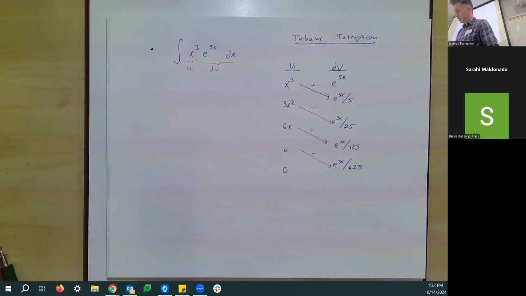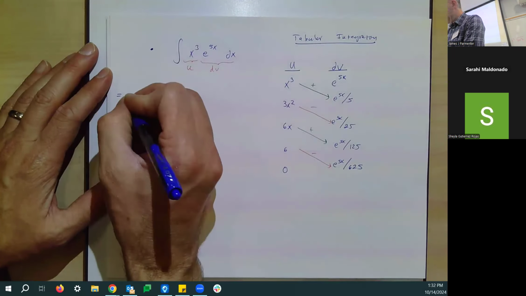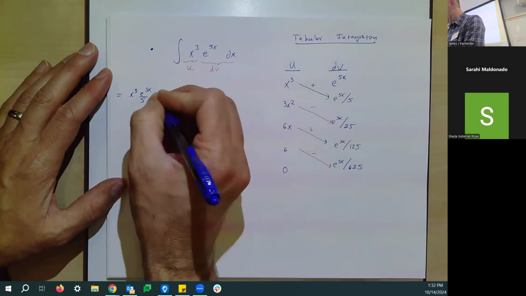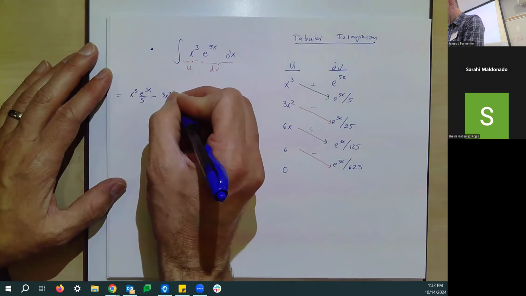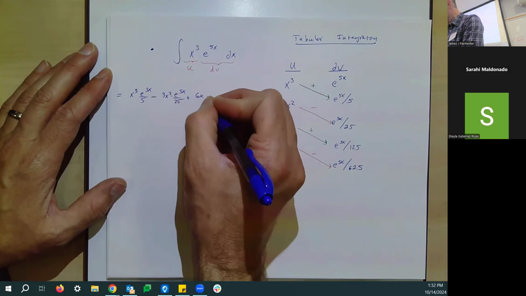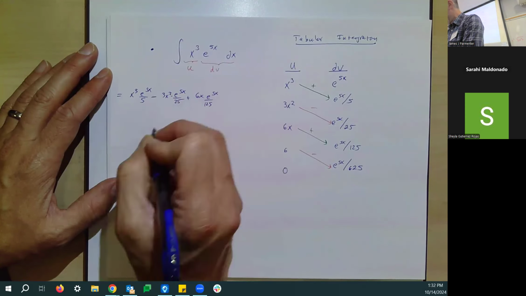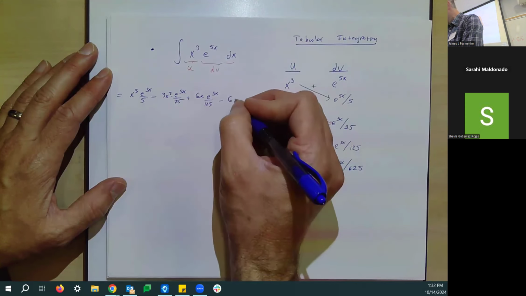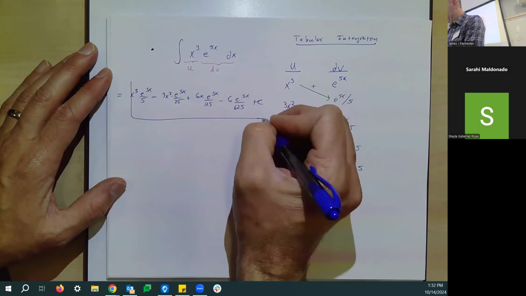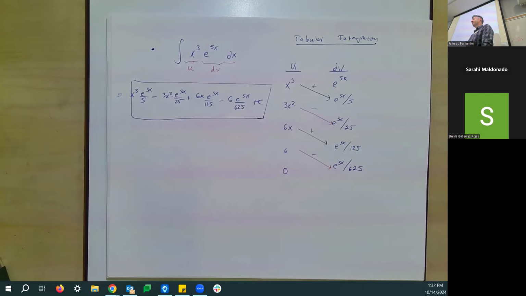So our final answer here should be x cubed times e to the 5x over 5 minus 3x squared times e to the 5x over 25 plus 6x times e to the 5x over 125 minus 6 e to the 5x over 625 plus c. Still not great, but certainly less awful than actually doing this process 3 times and going through every kind of step.